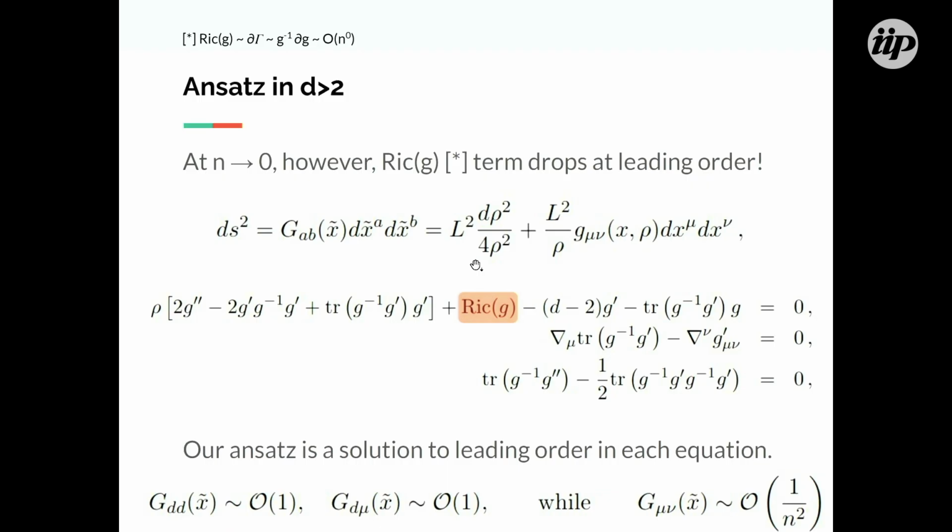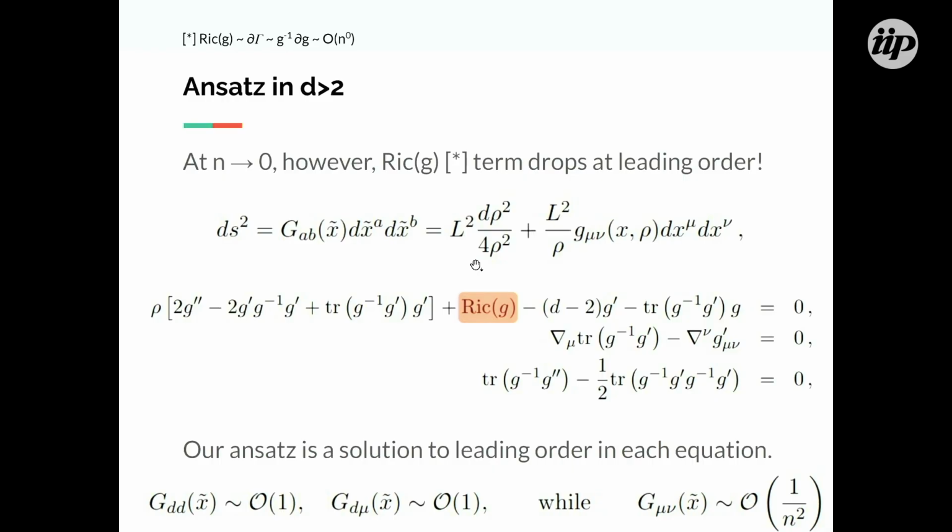So what one can see if one toys around with these equations, whether they simplify in an n to 0 limit, is for example this equation. This has a g^-1 ∂g, so the n factor cancels. This is g^-1 ∂g, g^-1 ∂g, so the n factor cancels again. So both of these are of the same order, and we must diligently solve for them.